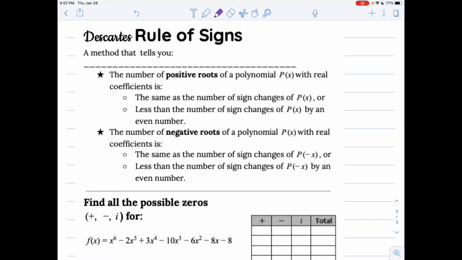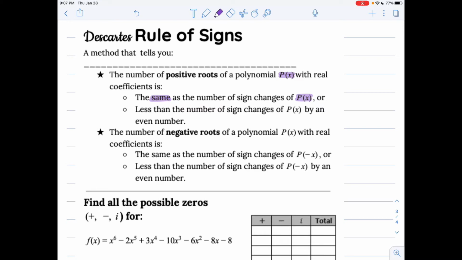To determine the most positive roots, we're going to start with our p of x and look at the polynomial and see how many times the sign changes. So how many times do we go from a plus to a minus or a minus to a plus? However many times the sign changes, that's the biggest number of positive roots.